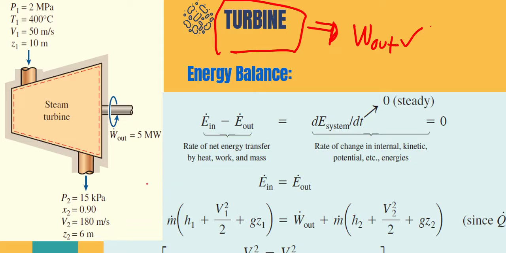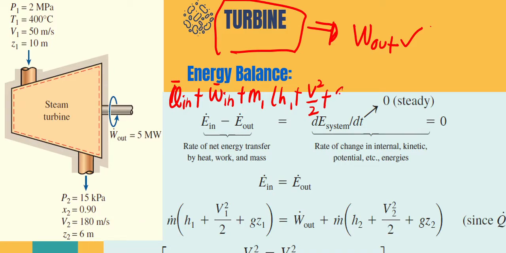So where is the general balance? It's not here. So from the general energy balance equation, Q in plus W in plus m in (h1 plus V1 squared over 2 plus g z1) equals Q out plus W out plus m2 (h2 plus V2 squared over 2 plus g z2).